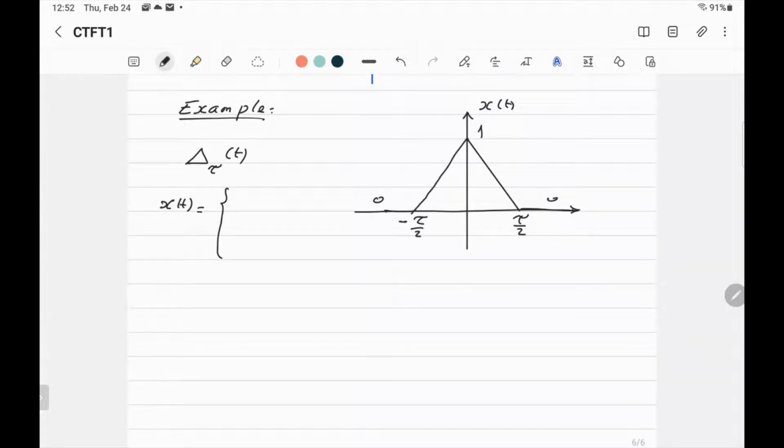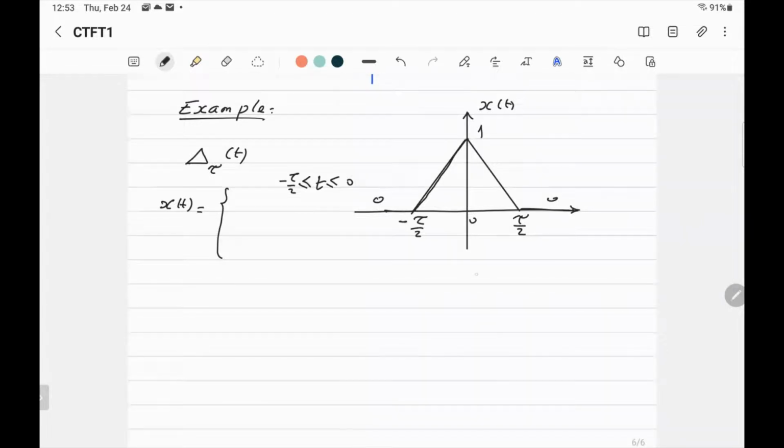Let's focus now between negative tau over 2 and positive tau over 2. You can say that the time is greater than negative tau over 2, less than 0. Then you try to find the equation of this straight line. Okay, the slope is equal to what? Positive slope, right?